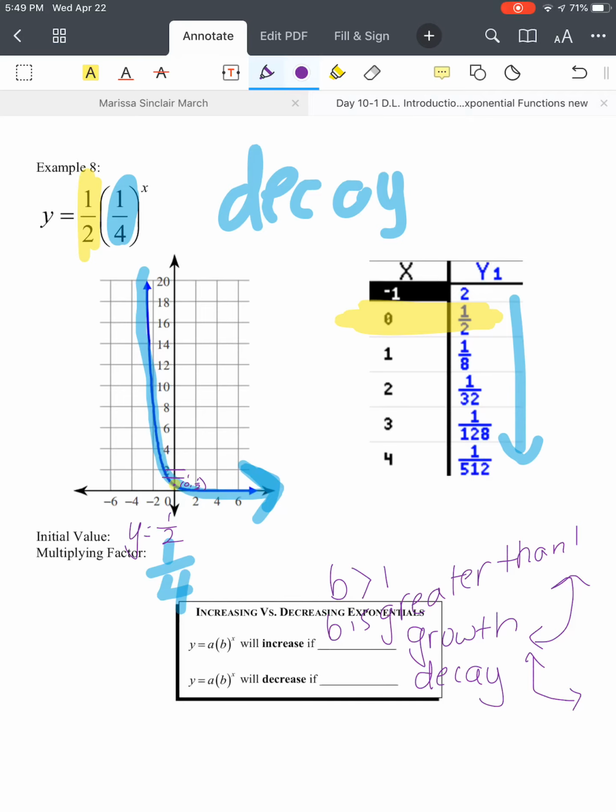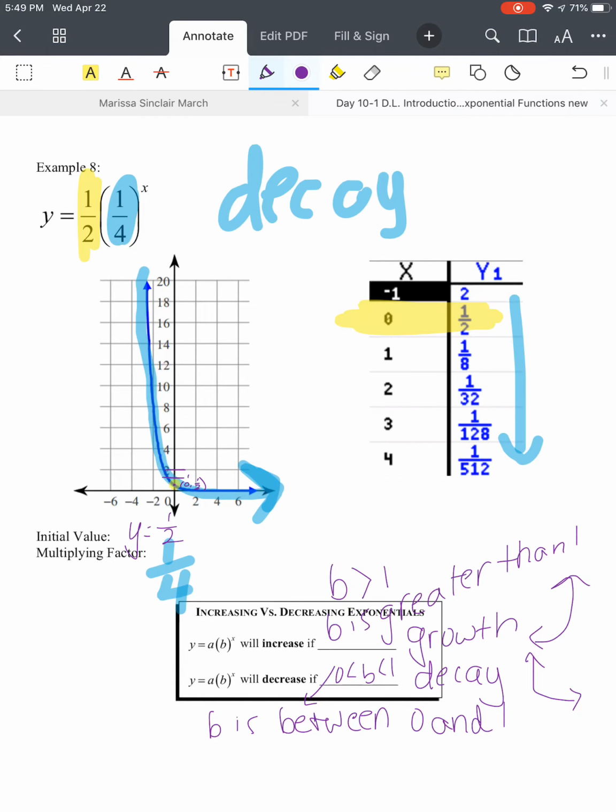And it will decrease if b is between 0 and 1. So you'll see it like this, but I know that can be a little confusing with the notation. But what that means is that b is between 0 and 1.